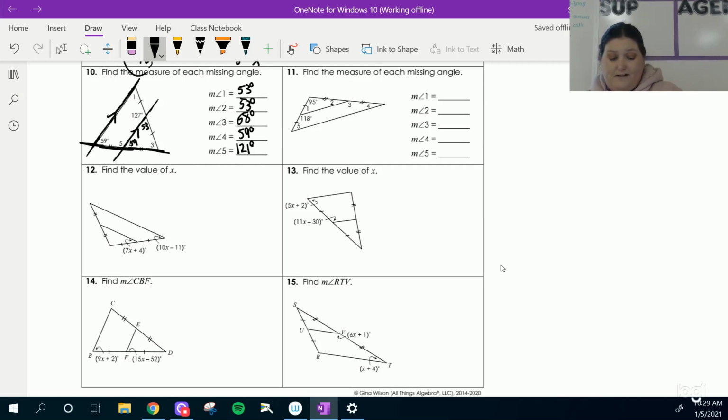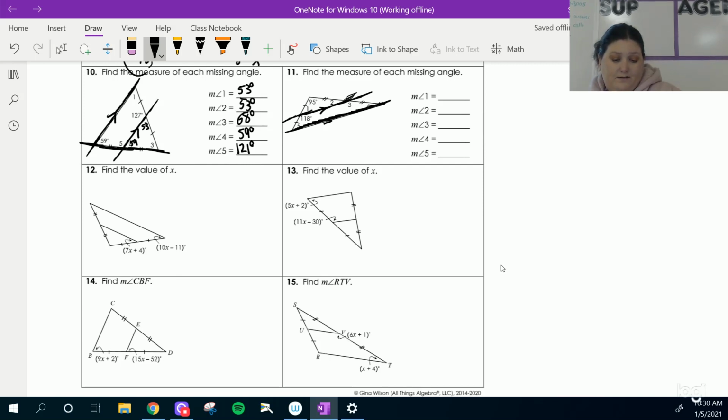Next problem is very, very similar. So here's my midsegment. Let me draw that better. It's parallel with the bottom, or the base, here.